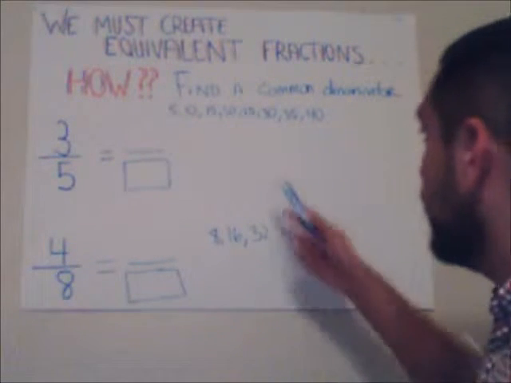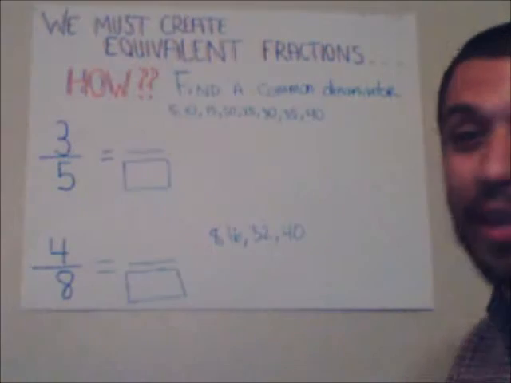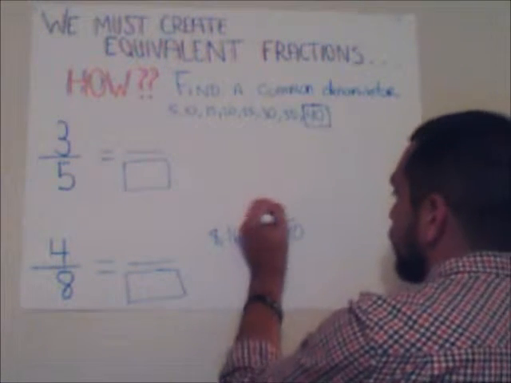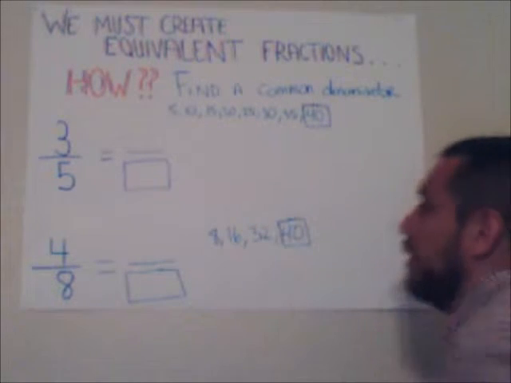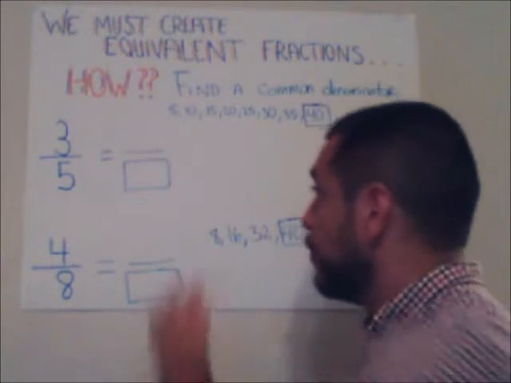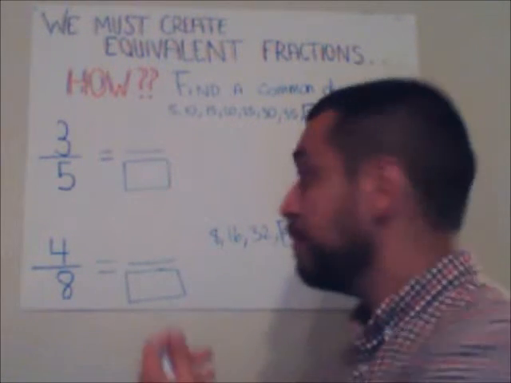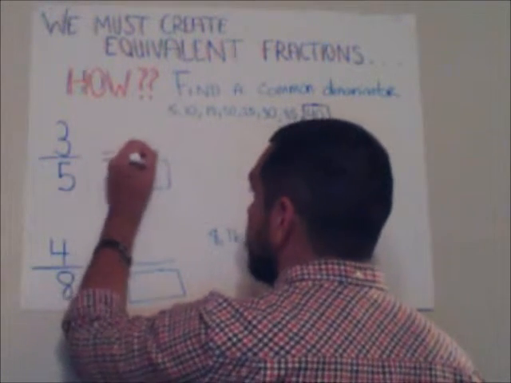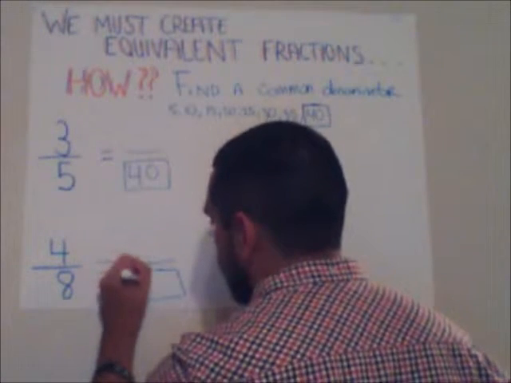All right. And in this case, it's going to be 40. All right. So let's go ahead and we can put 40 in our denominator slot. Okay. So put 40 in there.